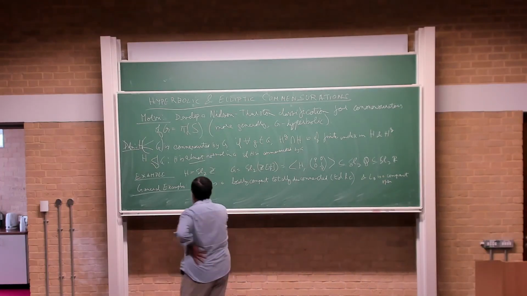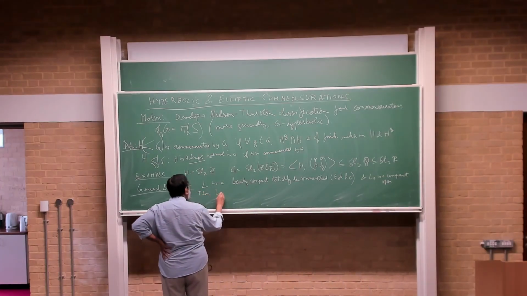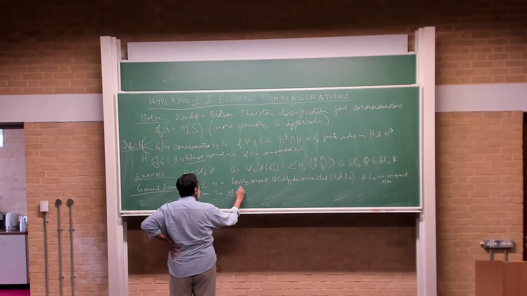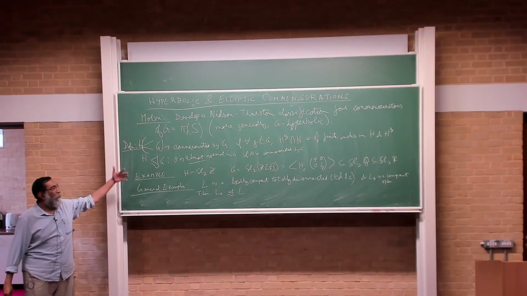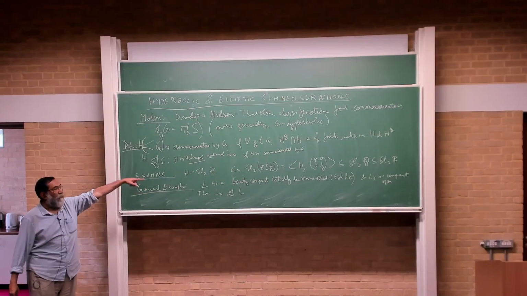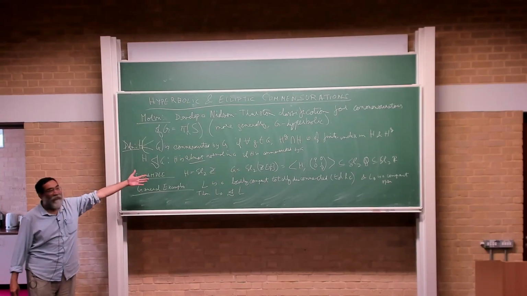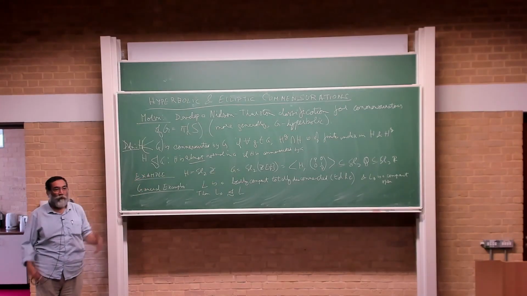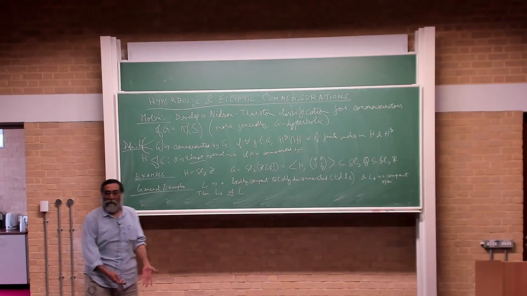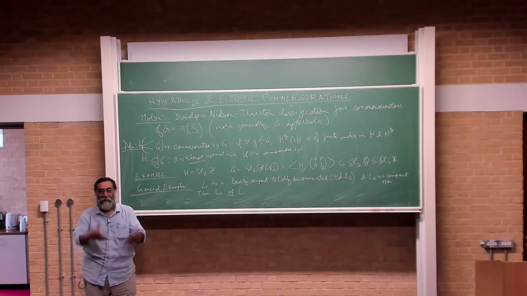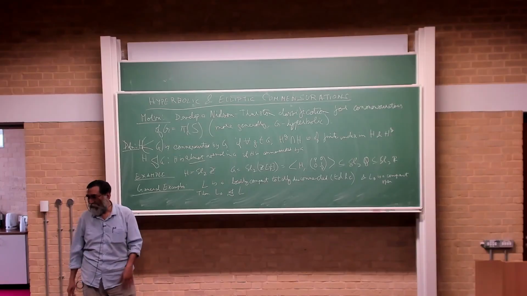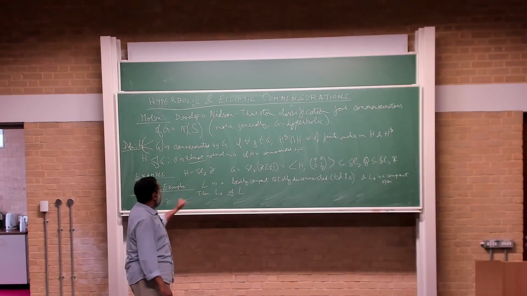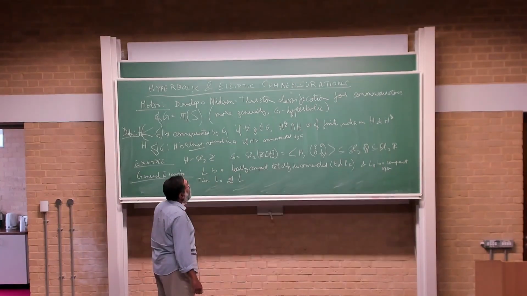And L naught is a compact open subgroup. Then L naught is almost normal in L, basically because if you look at a conjugate of a compact open by any element of the ambient group, that's a compact open. So you look at the intersection, that's compact open. Compact open in a compact open is going to be finite index. So this is a standard thing.